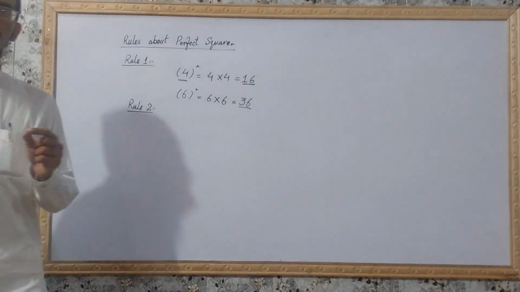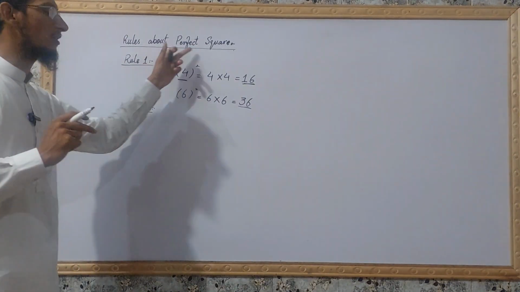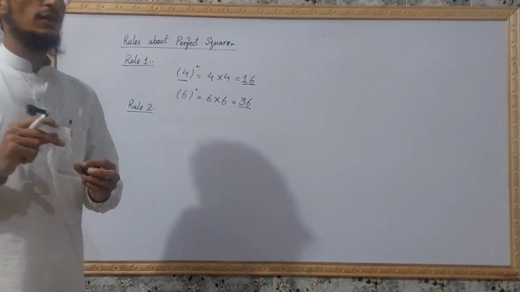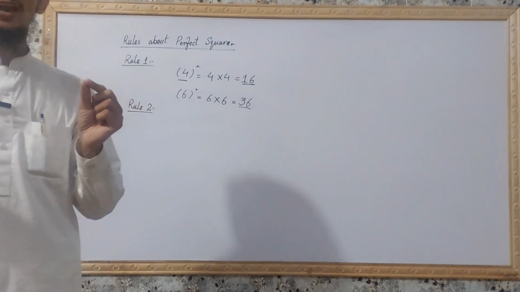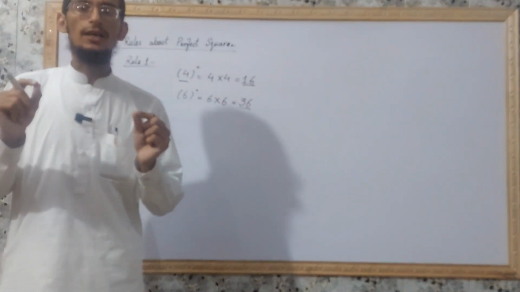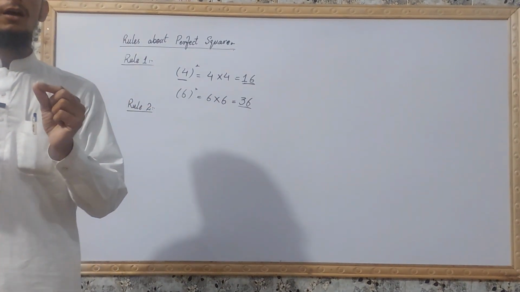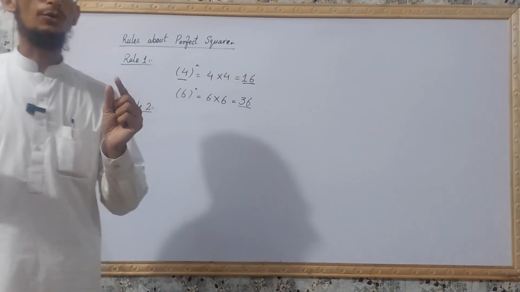That is, now we will go for rule number 2 about the perfect squares. The rule number 2 says the square of an odd number is always an odd number. एक odd number का, एक ताक अदद का स्क्वायर जो है वो हमेशा एक odd number होगा.